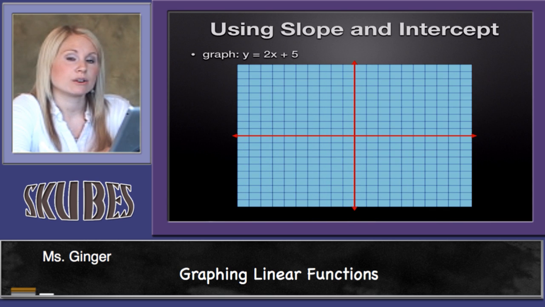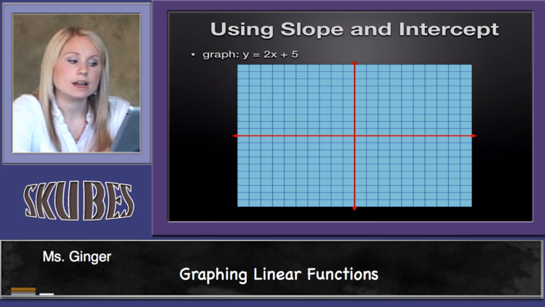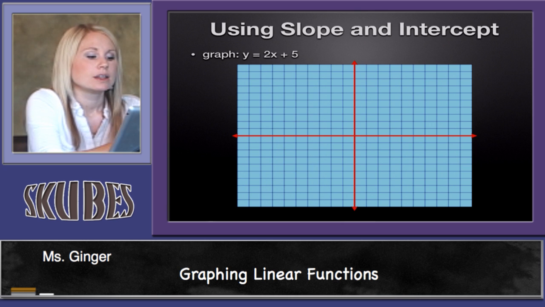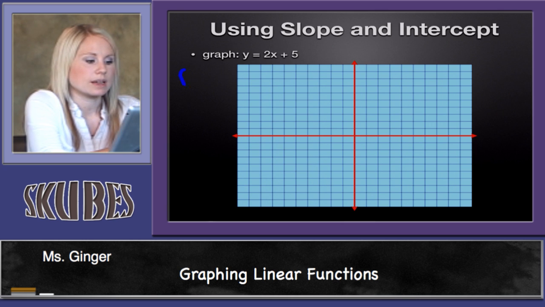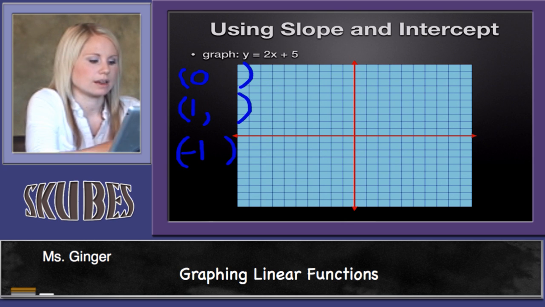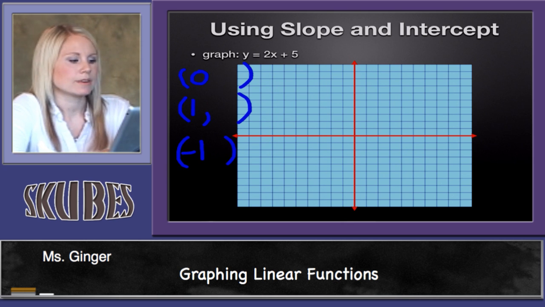Okay, as I was saying earlier, I can start with my intercept and move in my slope direction to get my extra points, or I can test values in my function to get points. So let's say I wanted to test 0 and 1 and -1. What I'm going to do is plug that in for x.